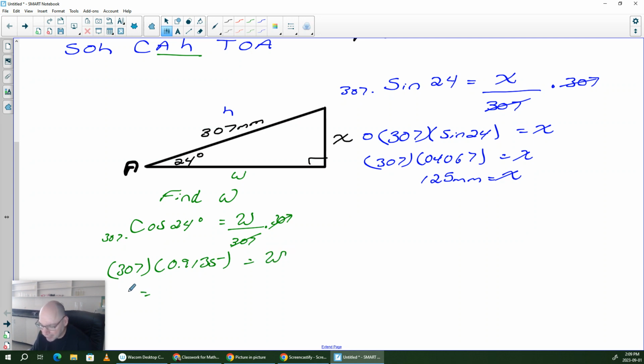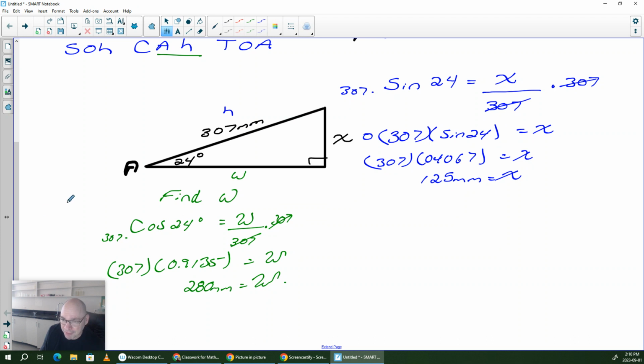When we multiply by 307, I get 280. So this would be 280. So there's an example of doing cosine and sine where you have to find the adjacent or the opposite side. Not too complex, but you have to make sure you get the right trig ratio. Don't push the wrong button or anything like that.